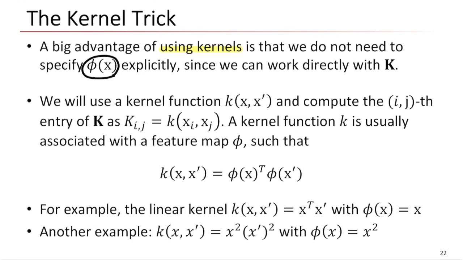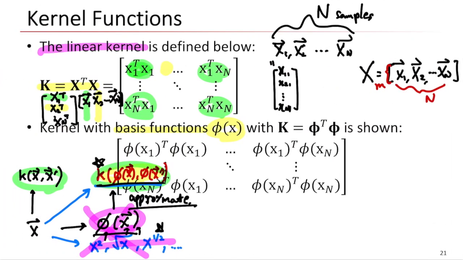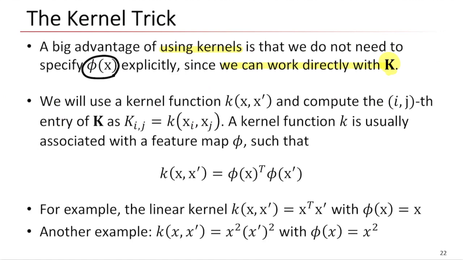We can work directly with this kernel matrix. If we have a very good kernel function that approximates the nonlinear relationship among the training dataset X, it will be more efficient and effective to solve our machine learning problem.